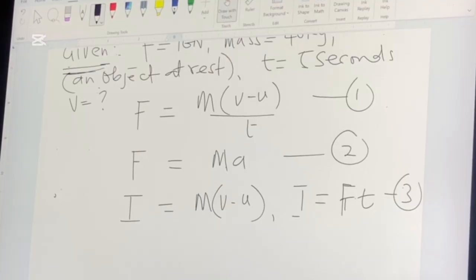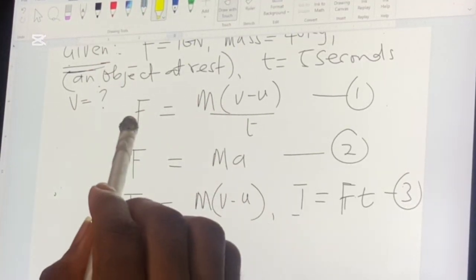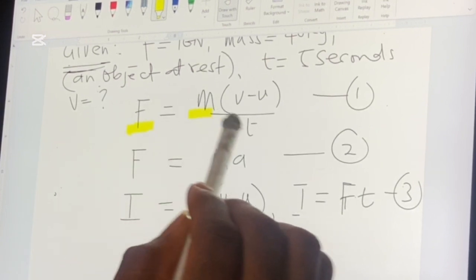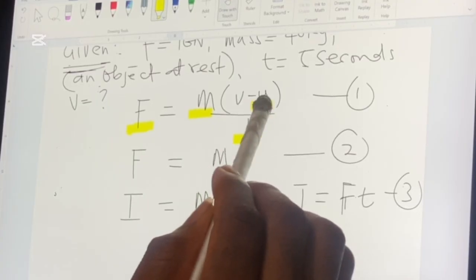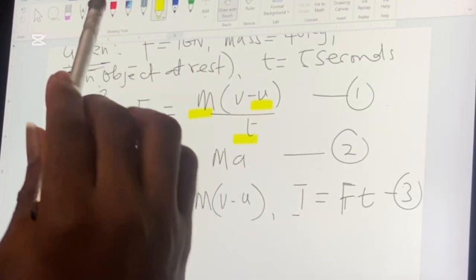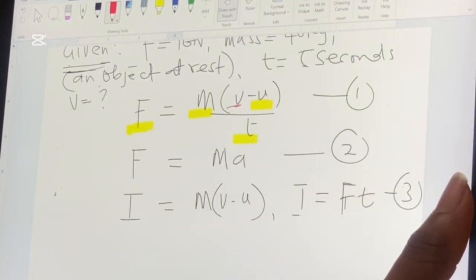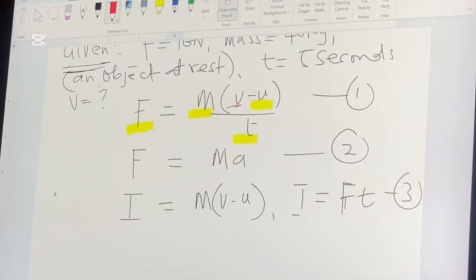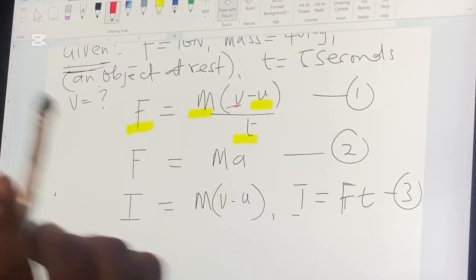Now it is very clear that in the first one, force is given, mass is given, time is given, initial velocity is given, and we are asked to find this V. So how do we apply a formula? We apply a formula depending on the given parameters and what we are asked to calculate.